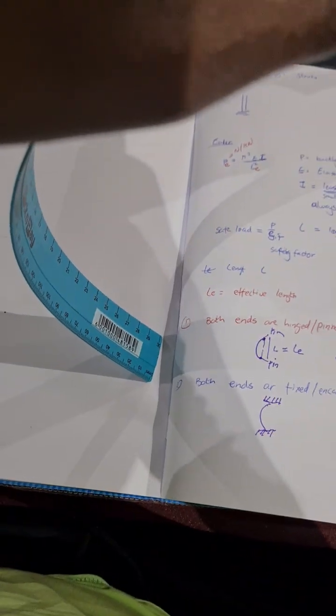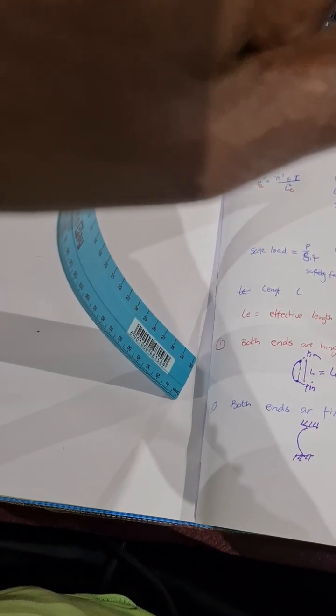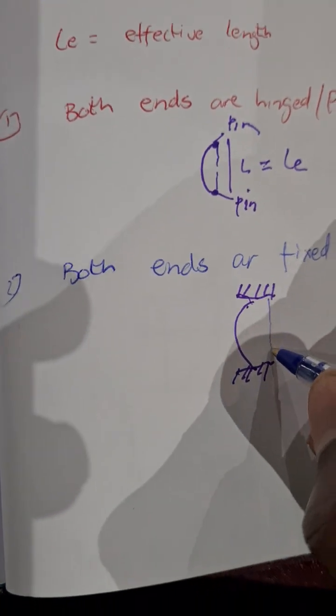Think of the columns in a house or in a veranda: it's fixed on the top and fixed at the bottom. So again we have L.